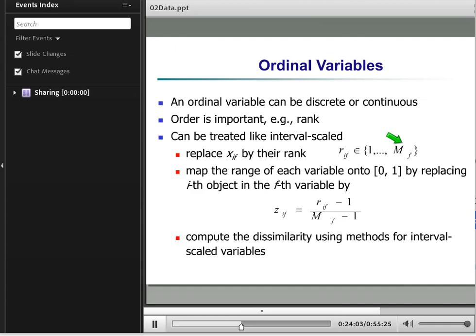This is a special case of nominal variables. Here, in ordinal variables, I can use the rank of those variables instead of their nominal values.